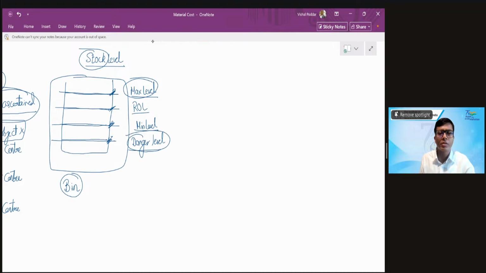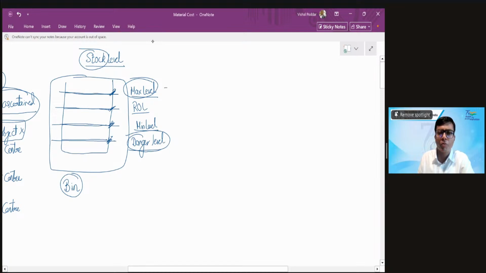Because there is a risk that your production, your work can be stopped anytime because the stock may become zero. Now, in such a case, in order that we maintain our stock at a proper level always, how to do that? For that, you have this technique called as the stock level technique. That is the technique where you fix up these levels.